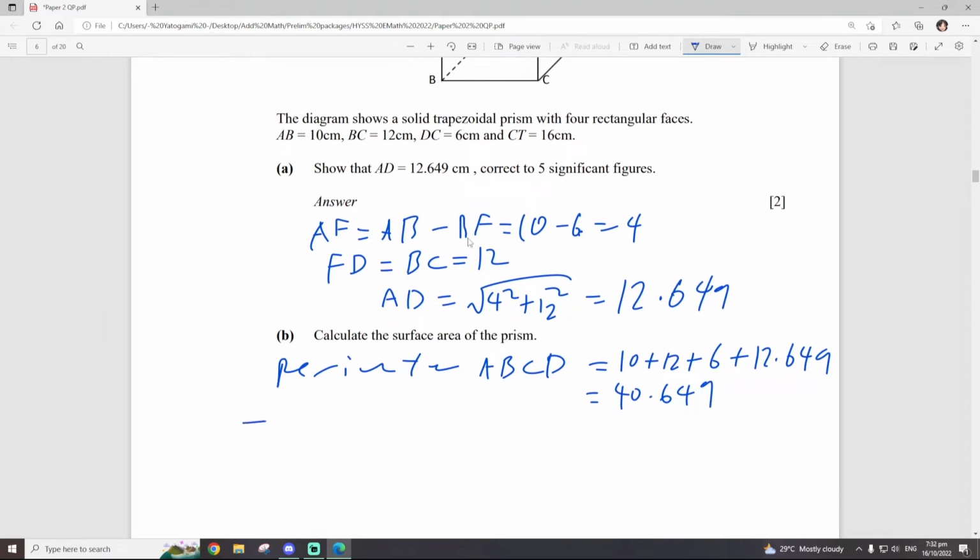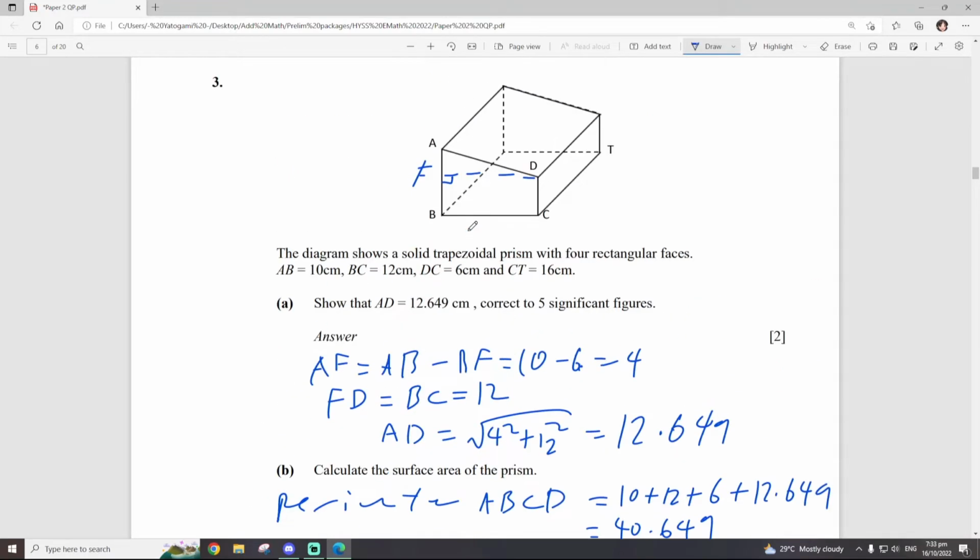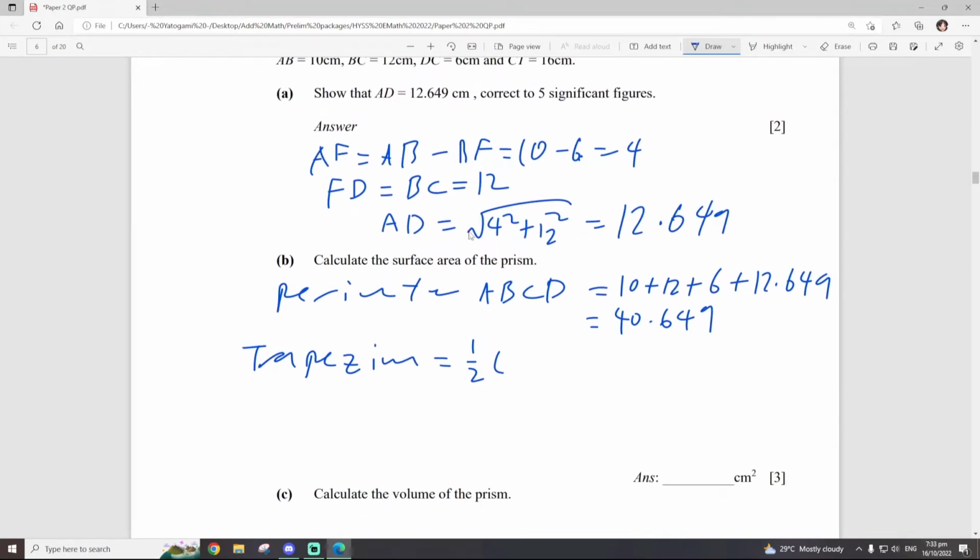One trapezium will be half times the sum of parallel sides, the parallel sides being AB and DC. So that will be half times 10 plus 6, times the height, which is BC, 12. So 8 times 12, which is 96. So the total surface area will be 2 times 96 plus the perimeter of ABCD times the length, which is 16. So 16 times 40.649, and then that should give us our answer.